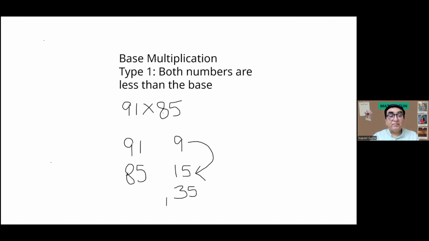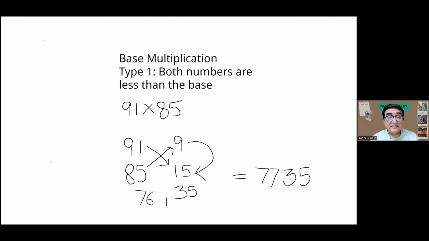Now I do the same thing: either I subtract 9 from 85 and get 76, or I subtract 15 from 91 and also get 76. Let me write 76 here. Now there is a carry forward, so I'll simply add it to this. My final answer is 7735. Super easy.